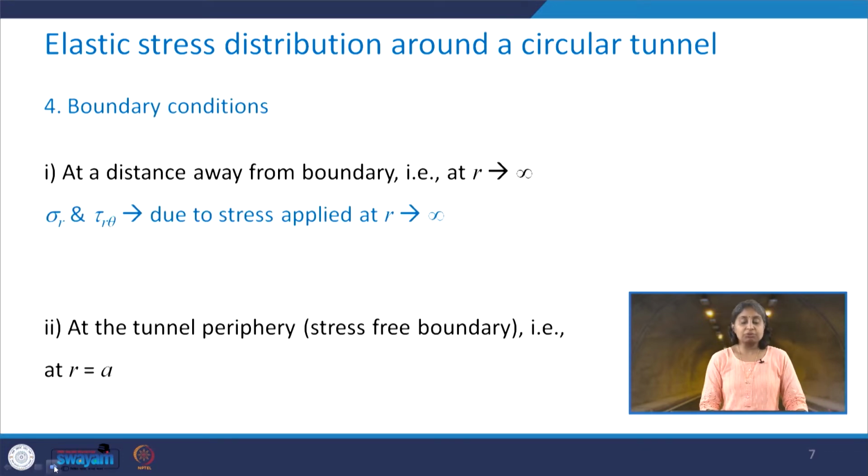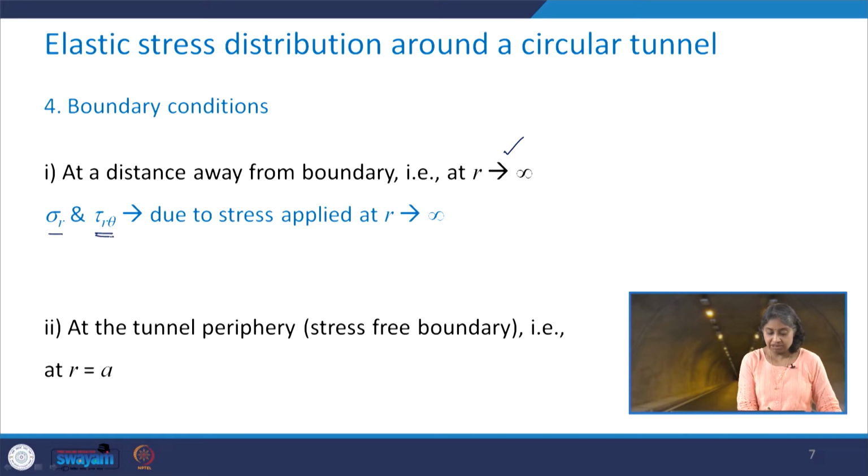Now, coming to the boundary conditions, which are extremely important here. At a distance quite away from the boundary, that means when r is tending to infinity, we have sigma r and tau r theta, which will be due to the stress applied at r tends to infinity.